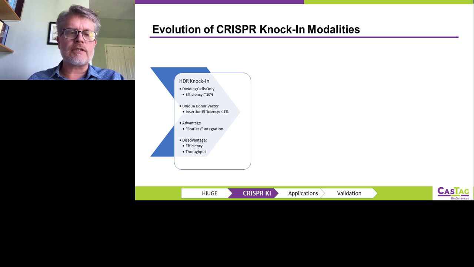So the efficiencies overall of insertion are fairly low. The advantage is that when it does work, you can get scarless integration. So you can have your recombinant DNA seamlessly integrate into the DNA sequence that you're targeting. Of course, the disadvantage, which is a pretty large trade-off, is in the efficiency as well as the throughput, because you have to make a unique donor vector for each type.